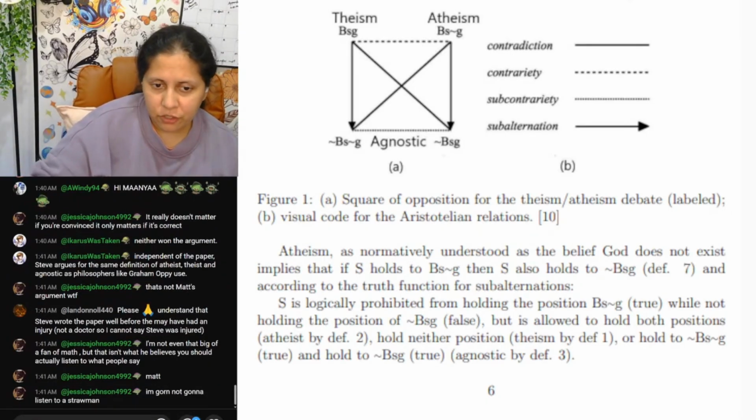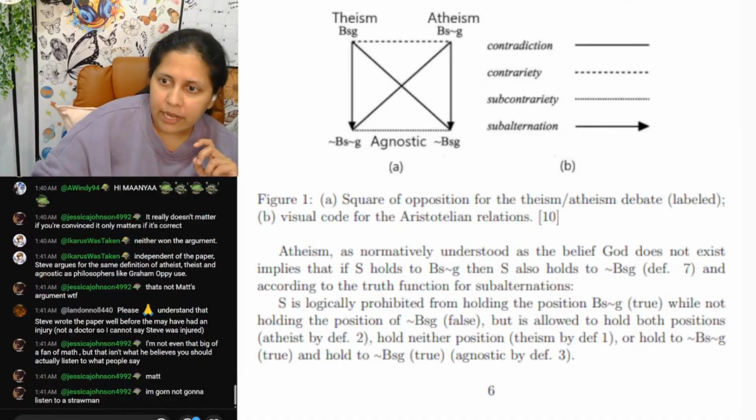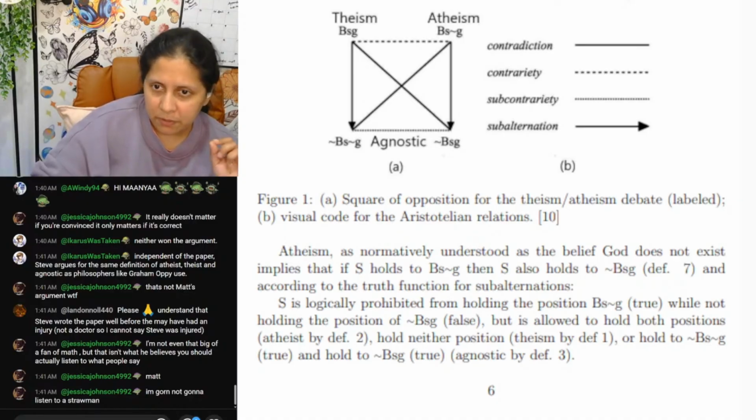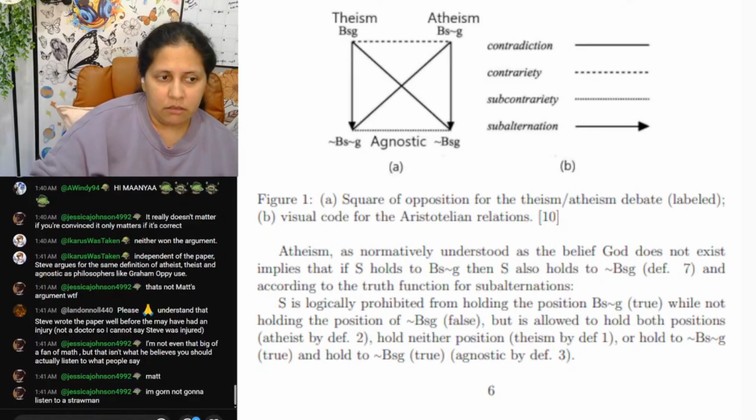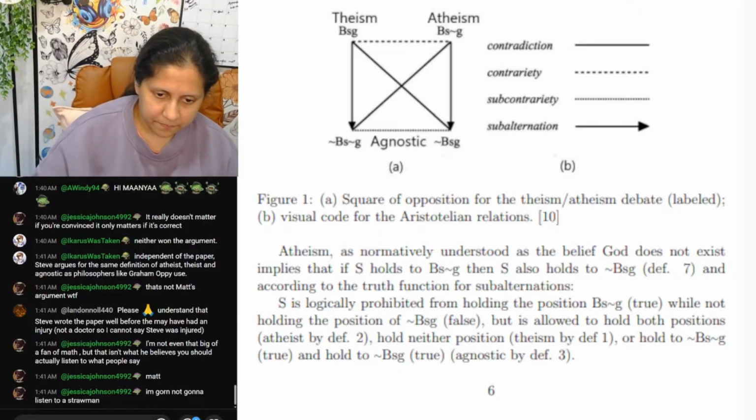So the paper itself is drawing a picture in which the lower terms are broader than the upper terms. The top terms, theism and atheism, are very specific ones. The bottom ones, weak theism, weak atheism, agnosticism, are the broader ones.